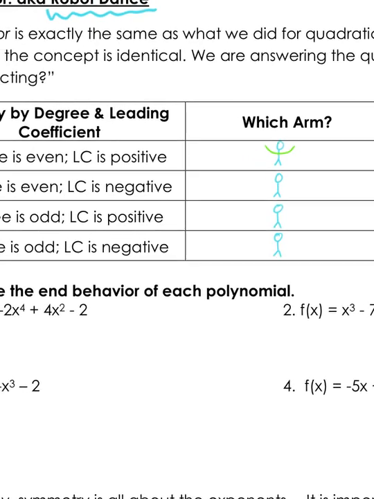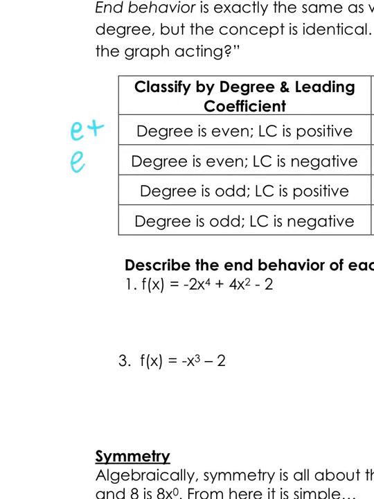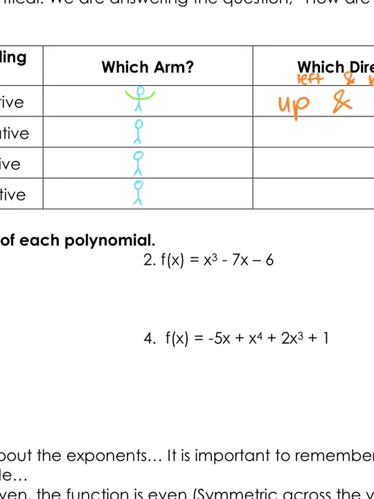All right, the next one, degree is even, so E for even, and the leading coefficient is negative, so this is E minus. My arms are going to go whoop, like that. Kind of looks like he's doing the wave with his arms.